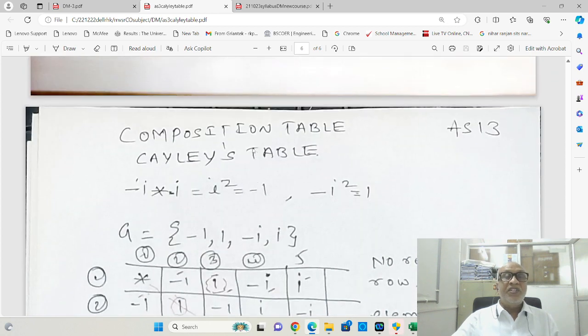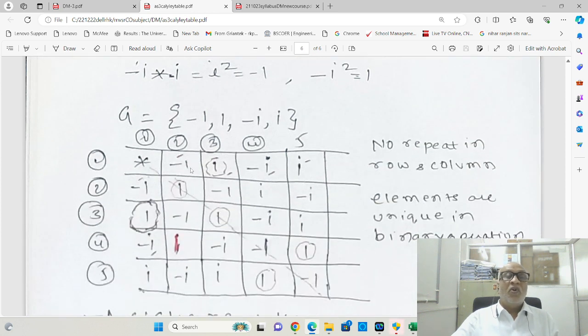So I have to design a composition table, a Cayley's table. What I will be doing is keeping these elements, minus 1, 1, minus i, as column headers as well as row headers.